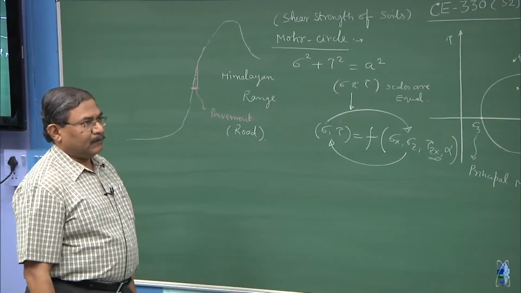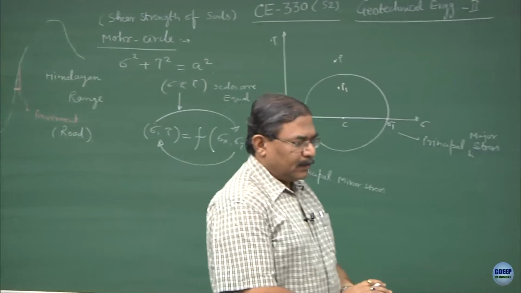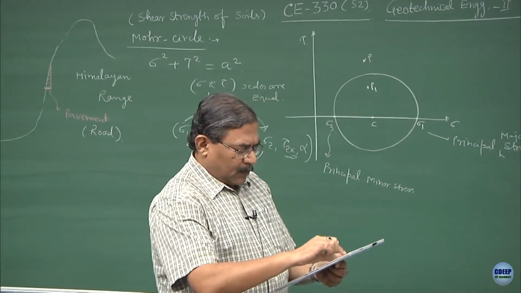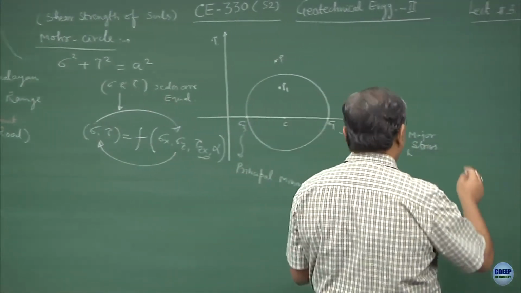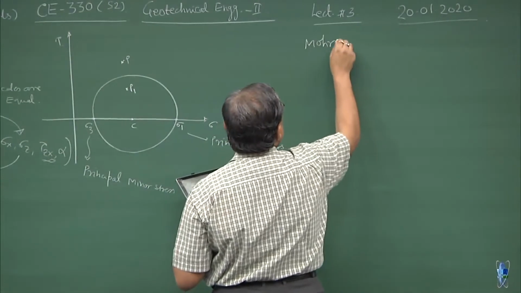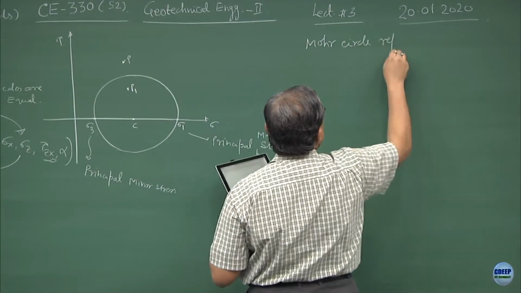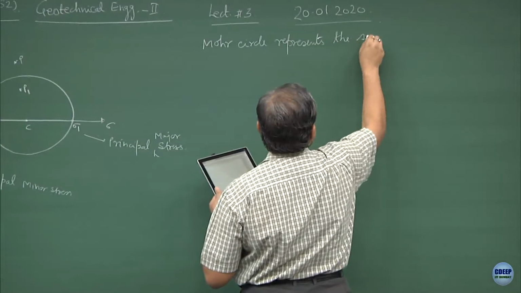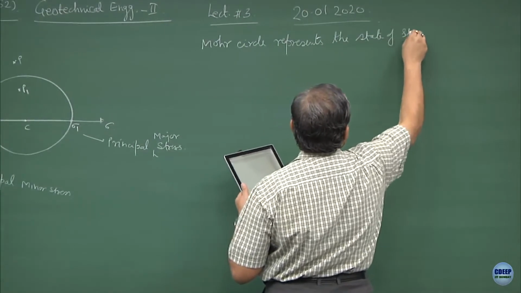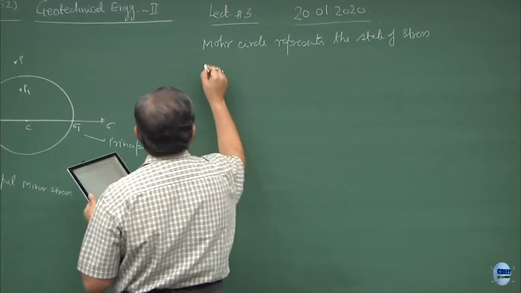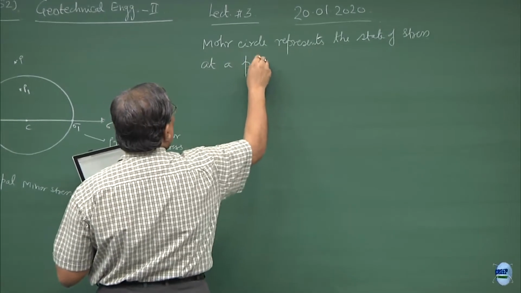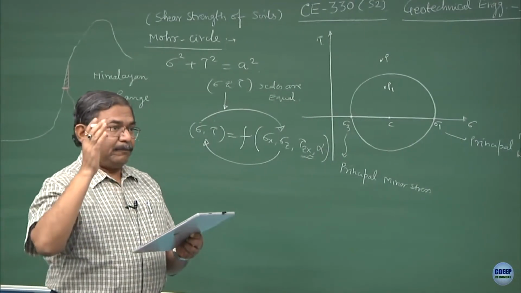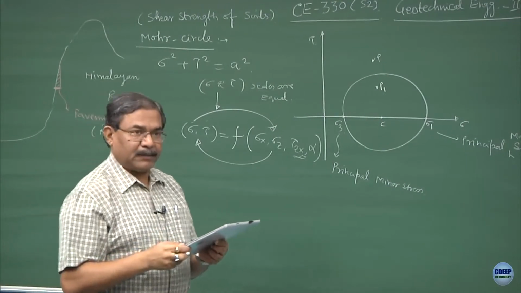alright. So, there are few characteristics of the Mohr circle which you should write down and try to understand. The Mohr circle represents the state of stress at a point, and this point I hope is understood is lying on a plane, and that happens to be the plane along which the shear is going to take place or the slippage is going to occur.